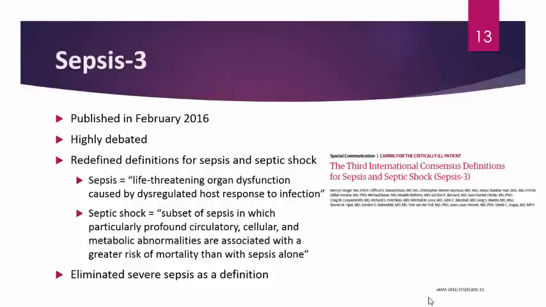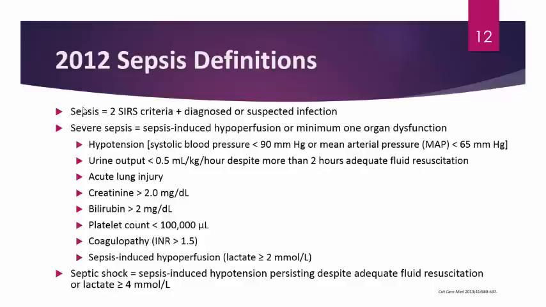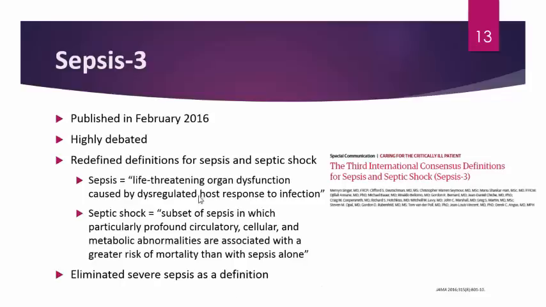Now, what they define sepsis as now is a life-threatening organ dysfunction caused by dysregulated host response to infection. Now, if you remember what the sepsis definition was from here, it just essentially was 2 SIRS criteria and a diagnosed or suspected infection. You didn't have to have organ dysfunction to be considered sepsis, but in this definition you do.